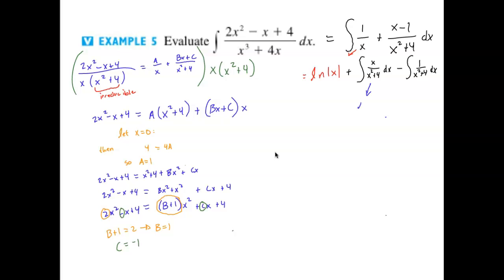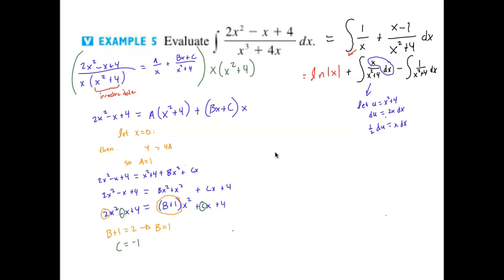So here we can let u equal the denominator, x squared plus 4. And then du is 2x dx, right? So we don't have 2x dx, but we do have x dx right there, right? So we can just divide over the 2. So half du is x dx.